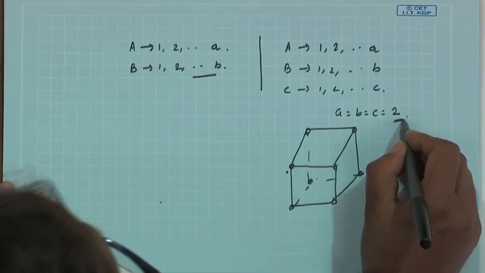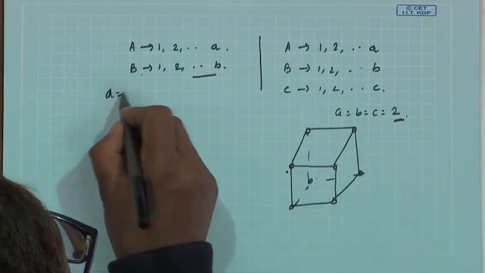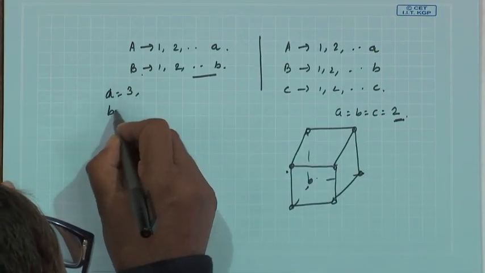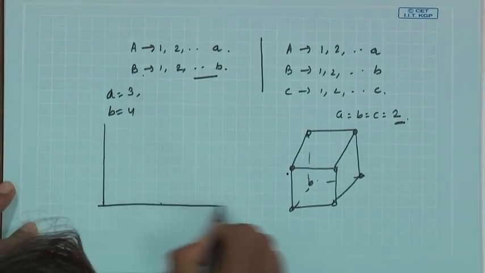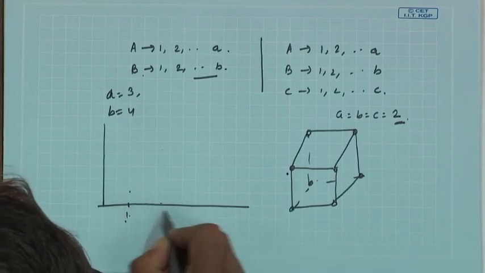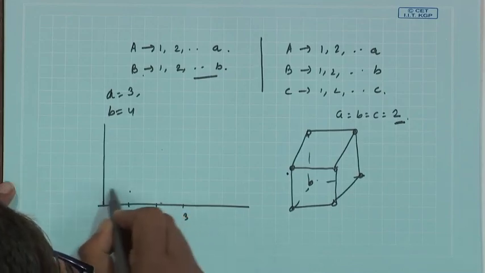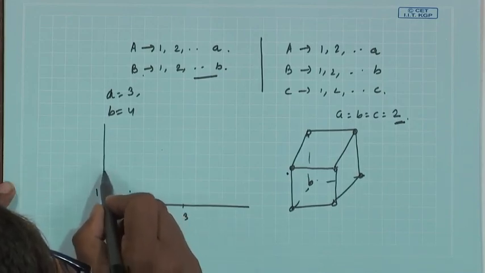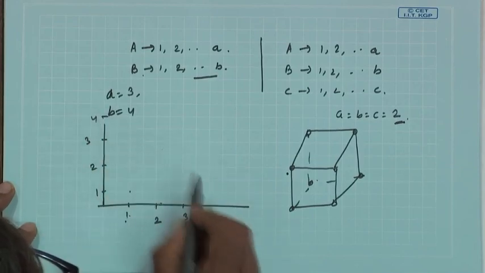Here, for simplification, we have used levels equal to 2, but suppose A equal to 3 and B equal to 4, then the settings will be A 1 2 3 and B 1 2 3 4.